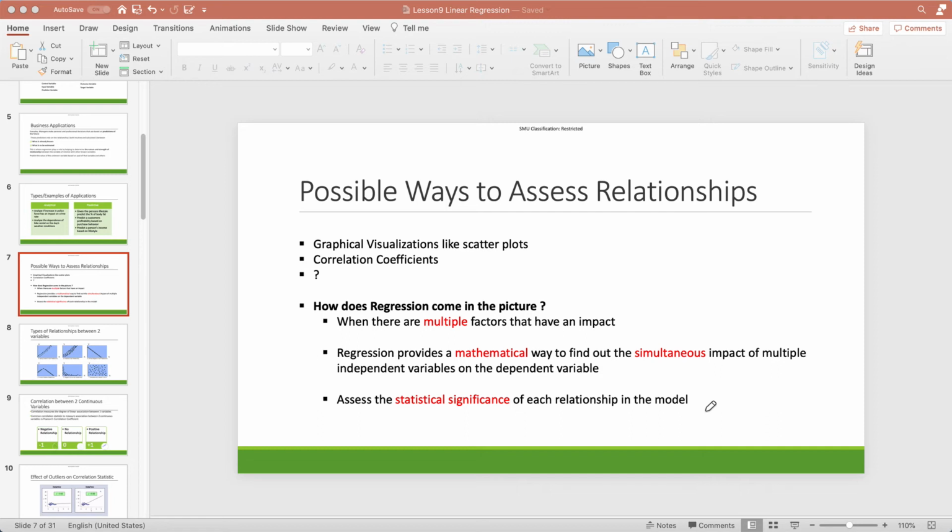So, very often, what we really want is relationships that are consistent and robust. So, in other words, we want statistically significant relationships. So, what happens when you do regression?